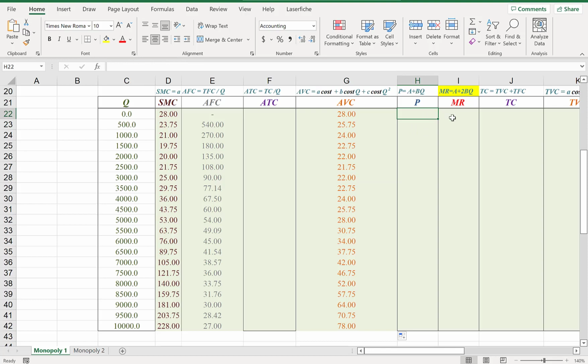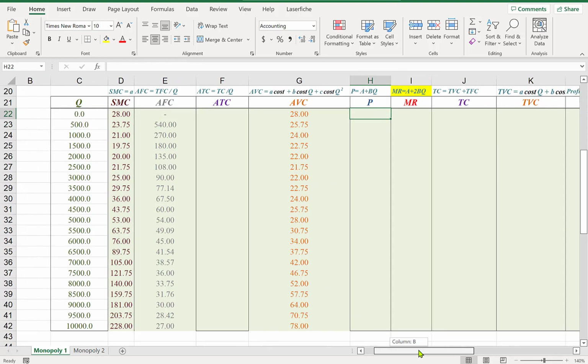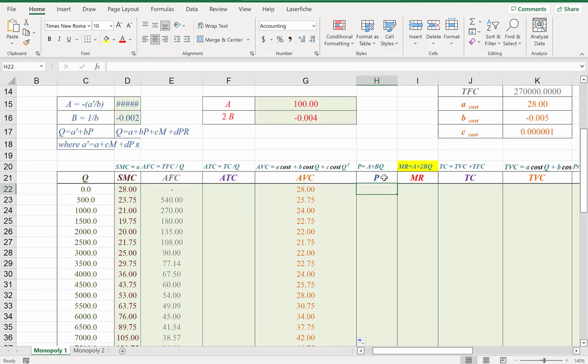The price. It's pretty easy to get the inverse demand function. It says here it's A plus BQ. So equal sign, where's my A? I calculated A plus BQ. The first one is here, A. I want to fix this too because I don't want it to change as I pull down the formula.